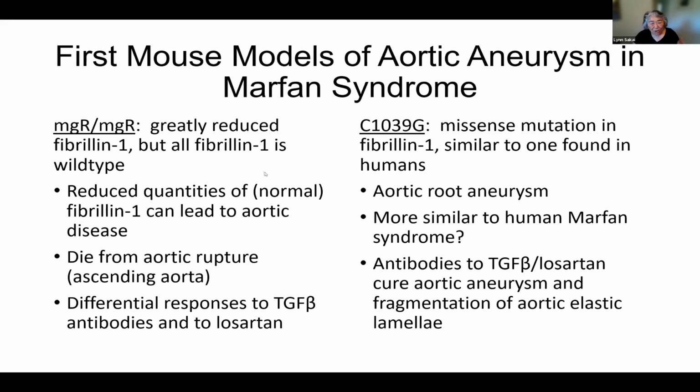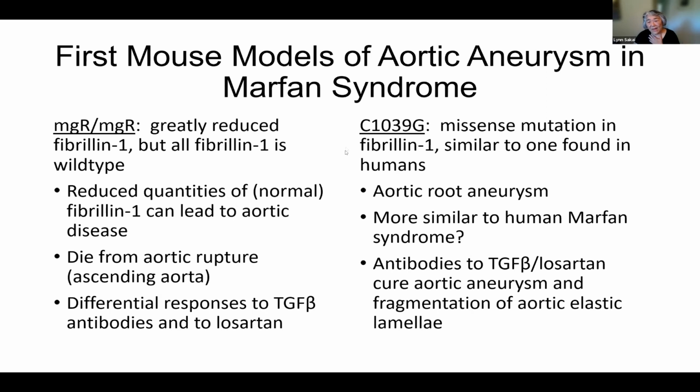And what it shows is that reduced quantities of basically wild type or normal fibrillin-1 can lead to aortic disease. Now, this was something that we didn't know until we had this mouse model, that a simple reduction of fibrillin-1 underlies disease. And this can be normal fibrillin-1. So if you have fibrillin-1 that is reduced to only 20% levels, you could have Marfan syndrome.